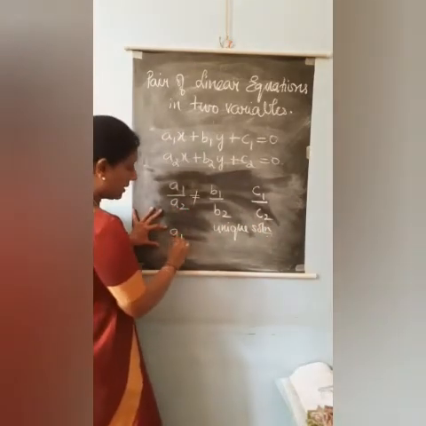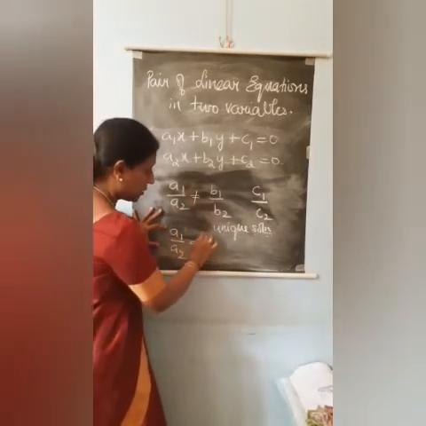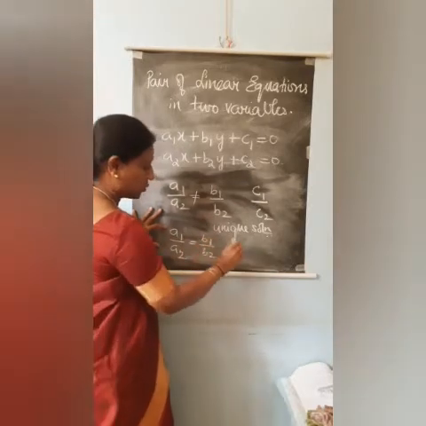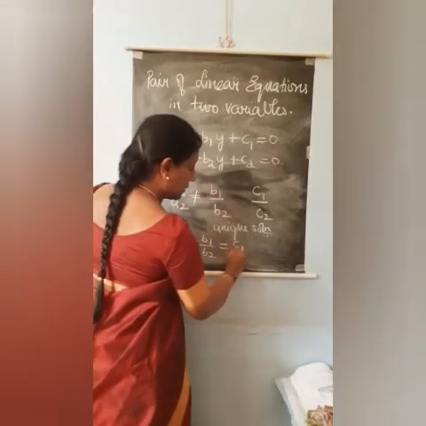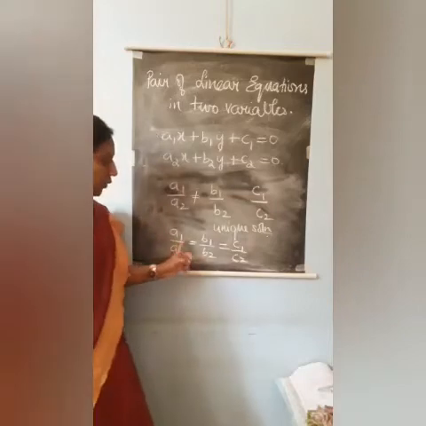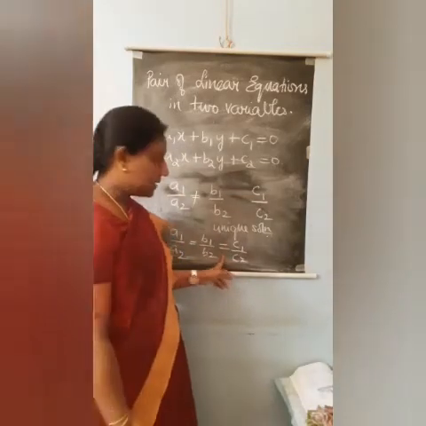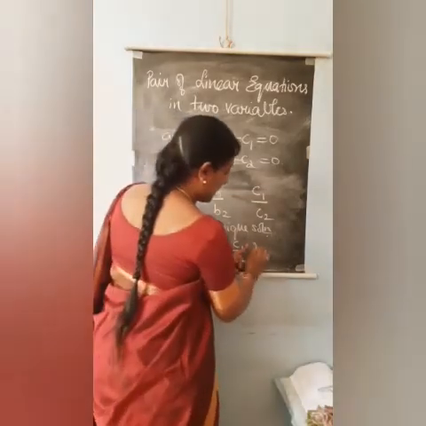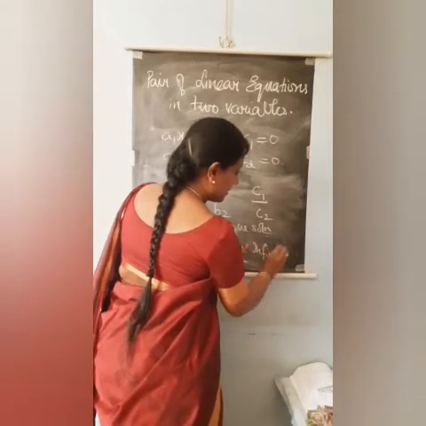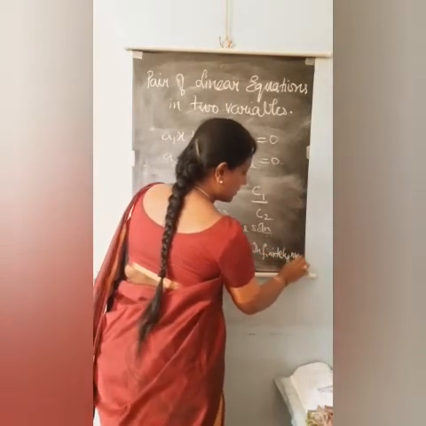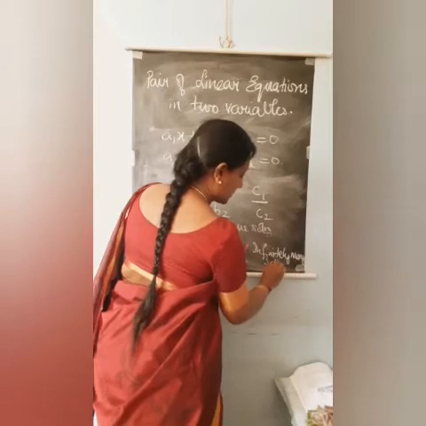Supposing a1 by a2 is equal to b1 by b2 is equal to c1 by c2, if all the three ratios are equal, then we get infinitely many solutions.